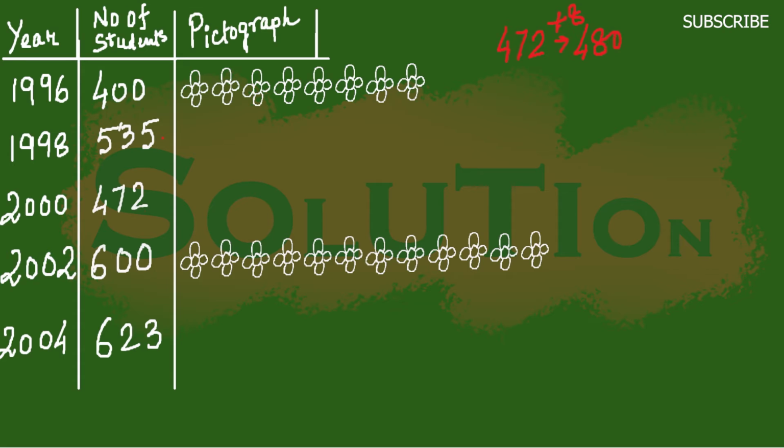So if I take 535, 472 and 623 and make them closer by rounding off to tens, then it is easy. 472 will be 470, 623 will be 620, and our 535 I can take as 540.